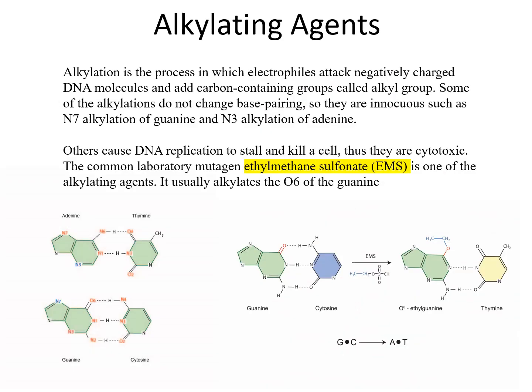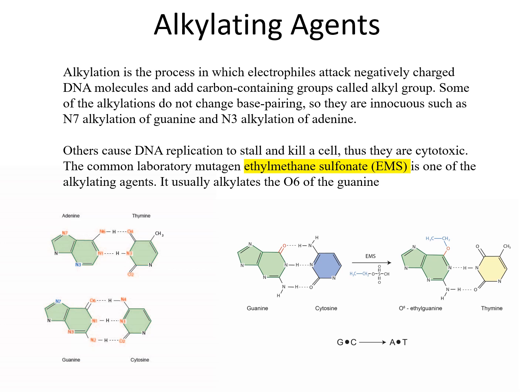And alkylating agents. Alkylation is the process in which an electrophile attacks the negatively charged DNA molecule and adds a carbon-containing group called an alkyl group. In this case we have EMS, which is the alkylating agent.